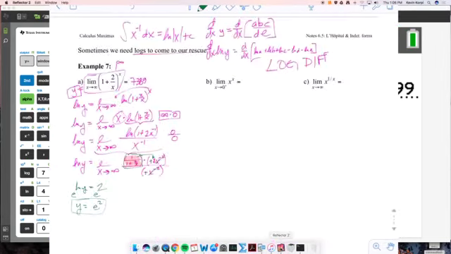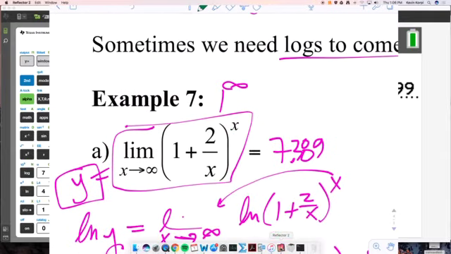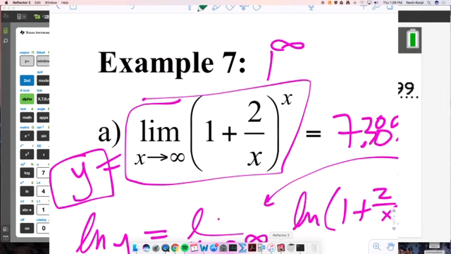Now, if the answer was e to the second, is there anything in the original limit expression that might allude to the fact that it was e to the second? Is there a 2 in there anywhere? Yes, it's right here.